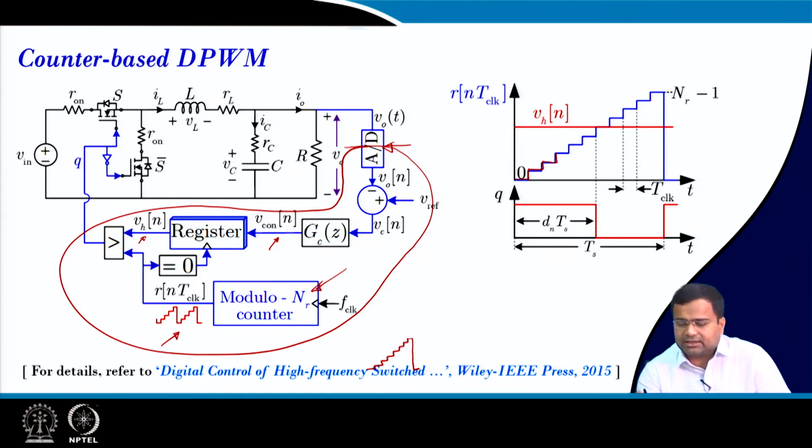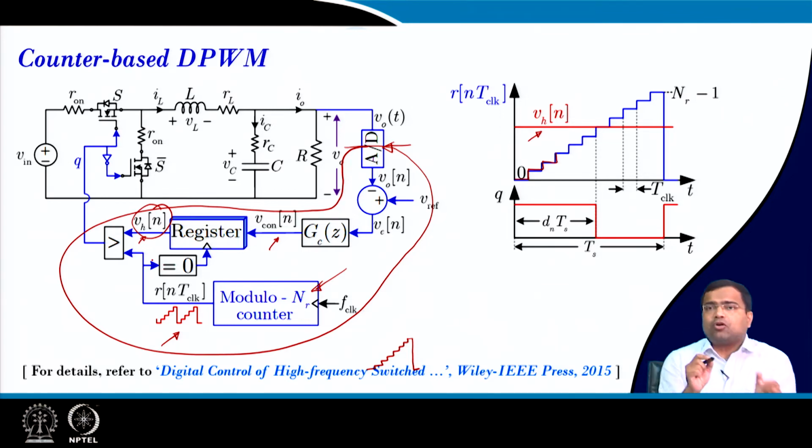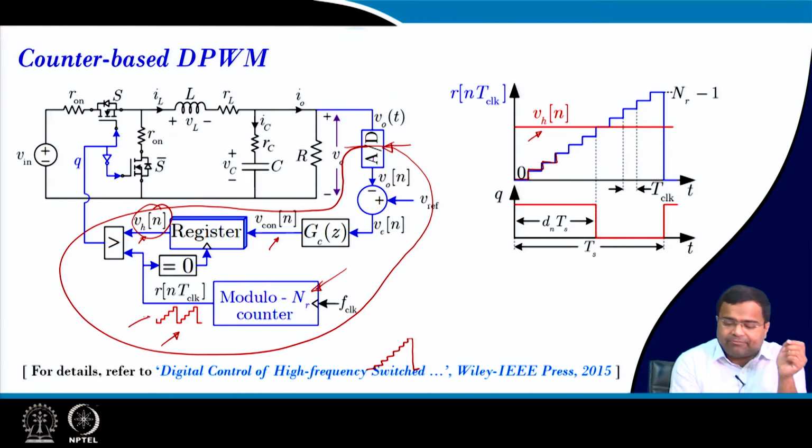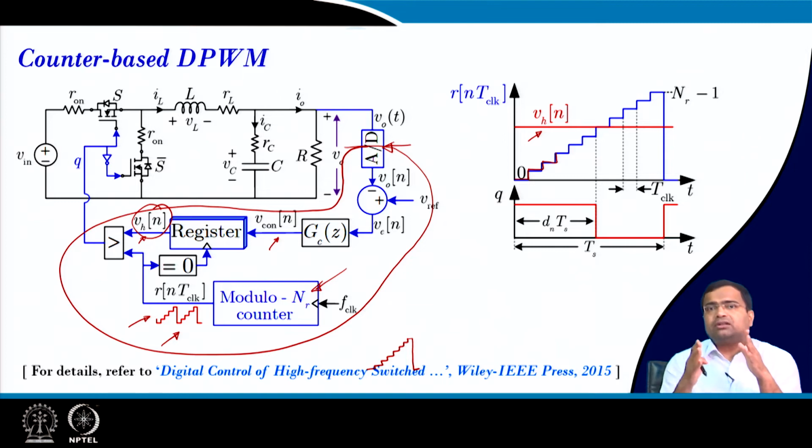In this architecture, we compare the register output with this sawtooth. When you talk about Q format in our HDL coding, each of these has a finite resolution. That means the DPWM will have a finite resolution, and the number stored in the register will also have a resolution. So if both are 8-bit numbers, how do you decide the resolution? We will discuss that when we go for fixed point implementation.